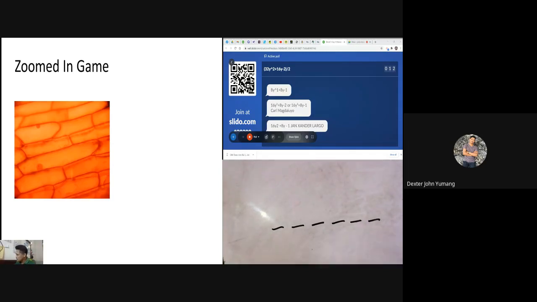First clue. R. That's letter R. Okay, wag po sabihin ang sagot. Type lang po sa chat box. What is that picture?